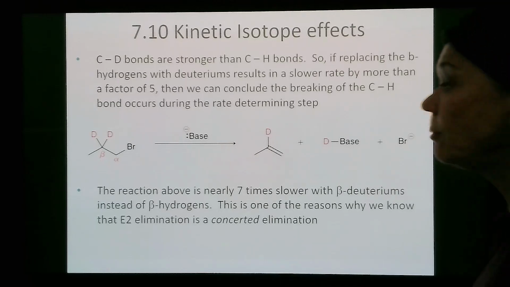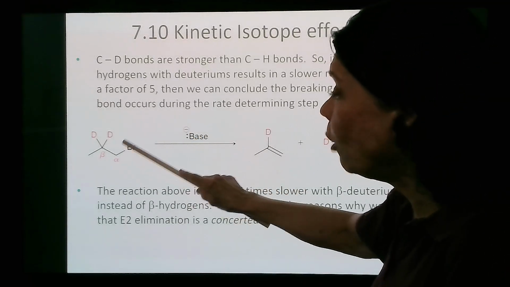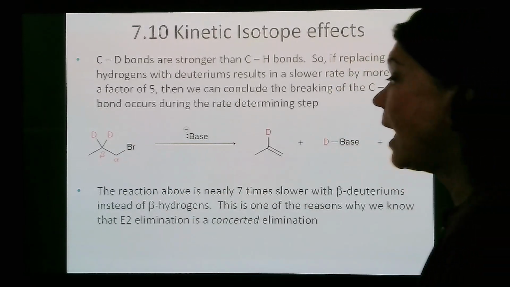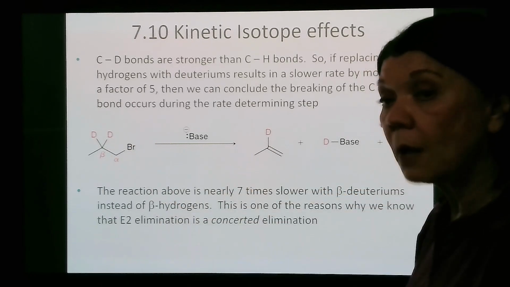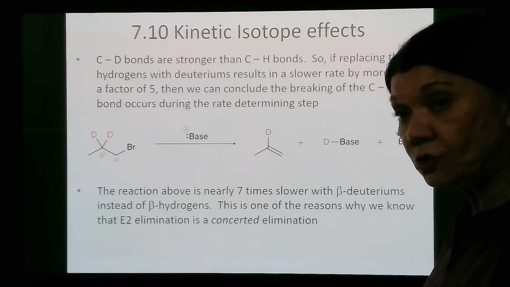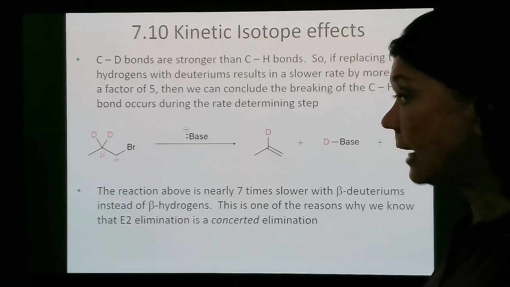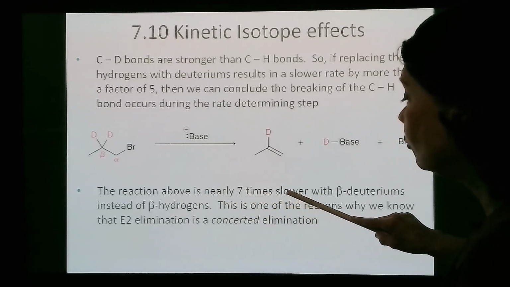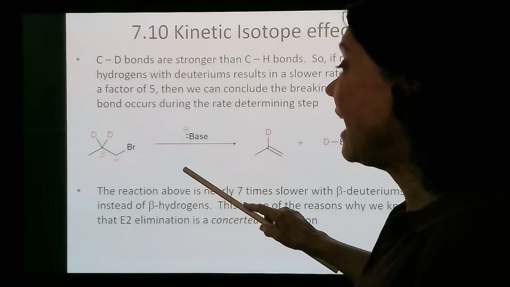Let's pretend that the bromide left and gave you a carbocation intermediate. Well, that would be the rate determining step, and the CD bond would not be broken in that step, and so you would see no impact on the rate of the reaction. But what you see is a 7 times slower rate, rate retardation of a factor of 7.